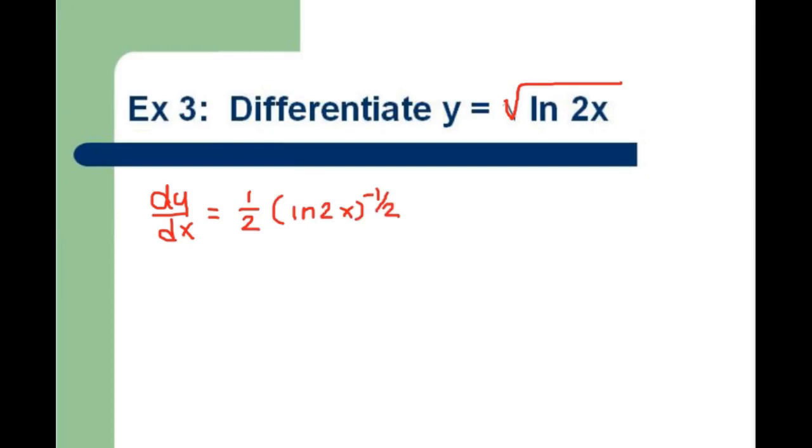And then the chain rule says we have to multiply by the inside of the square root. So now we're going to do the derivative of the natural log of 2x, which is my formula of 1 over the inside, which is 2x, times the derivative, which is 2.